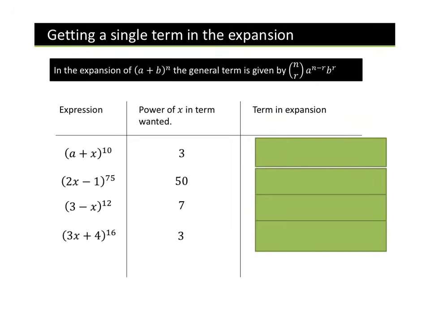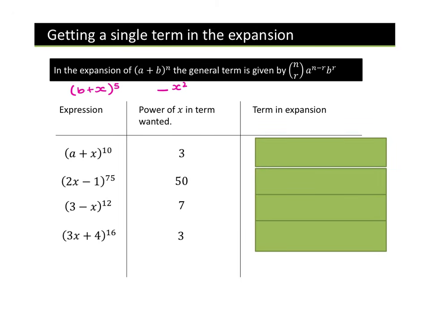If I said to you, I've got b plus x to the power of 5, and I wanted the coefficient of the x squared term. Could you write a formula for this without having to do all the things? And the answer is yes, you can.